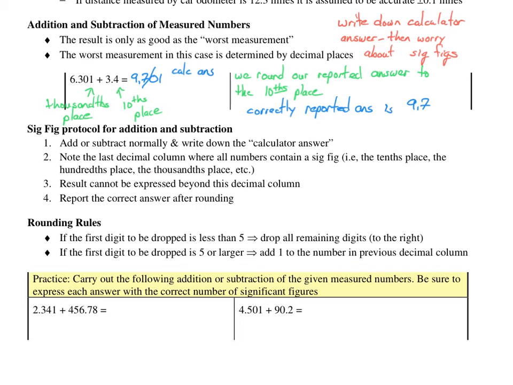All right, so let's practice a couple of these. The first step is to write down our calculator answer. So here we have 459.121. And then we look at our decimal places. This again is the thousandths place, and the last decimal column here is the hundredths place.